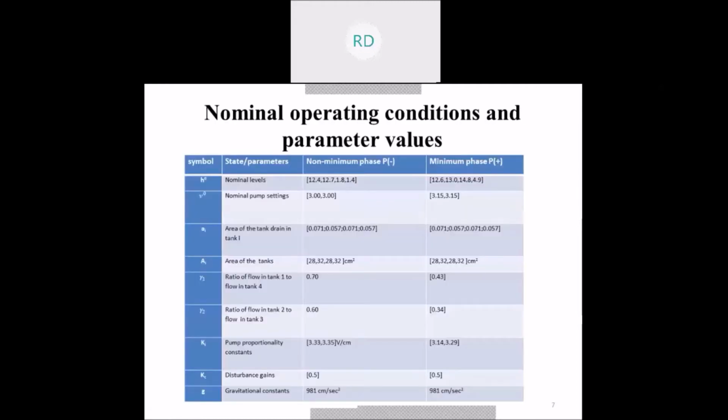This is the differential height of the tanks. The values of capital A1 and the others will be taken from these parameters, the nominal operating conditions. I'm taking the values from here.